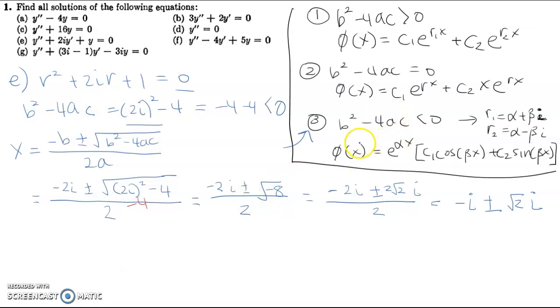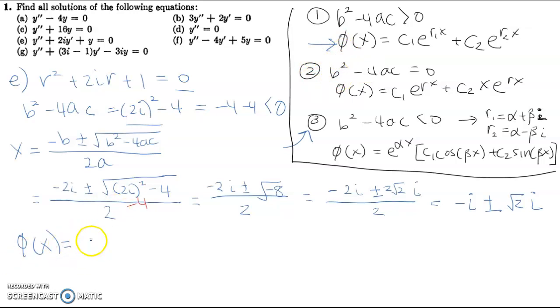I guess the next step is we can plug those r values into our phi of x. To find phi of x, we can still use our general format.